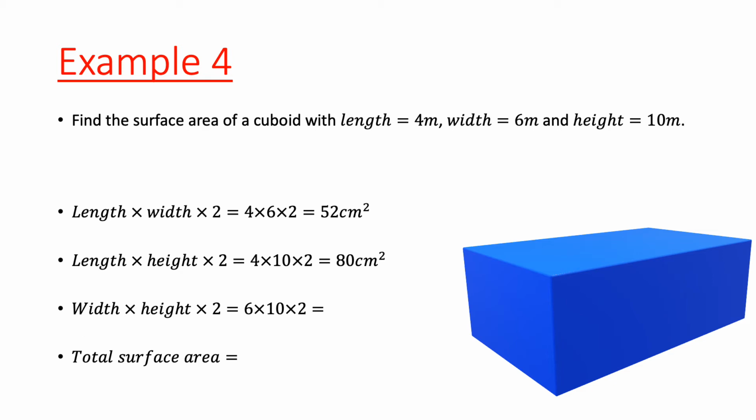So that is how I work out the surface area of a cuboid. If the times by 2 is a bit confusing, what I would do is just work out the area of each of the faces and then just add your answers up at the end, and you should still get the same answer. The times 2 appears because I have the same face.